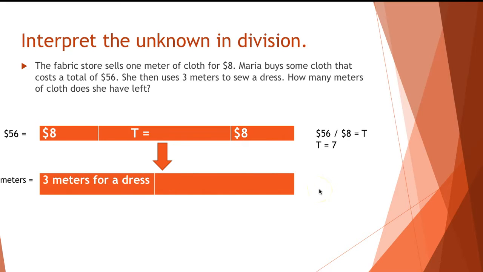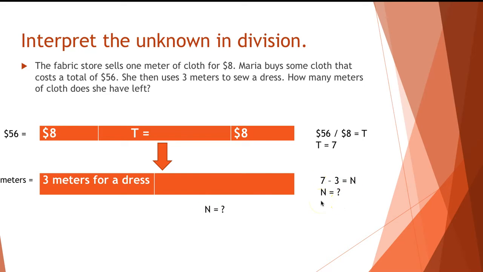I hope you're thinking the same thing I am. 7 minus 3, because she has a total of 7 meters, right? And she used 3 meters. We want to know how much she has left. 7 minus 3.